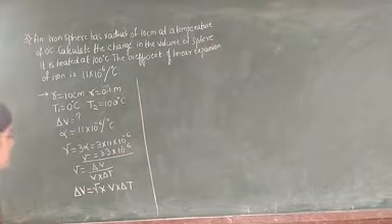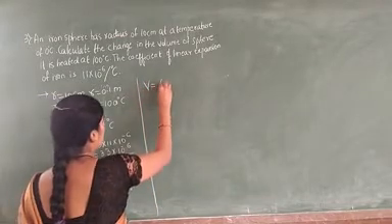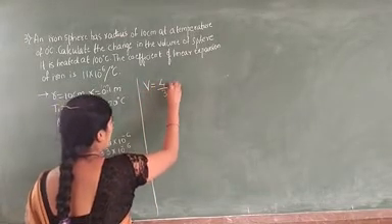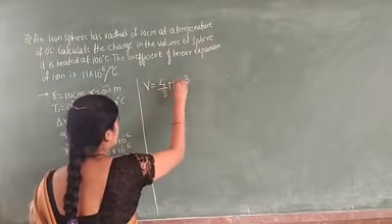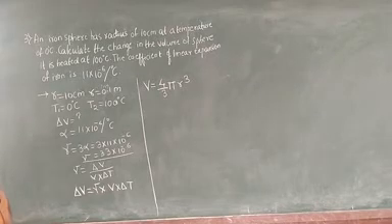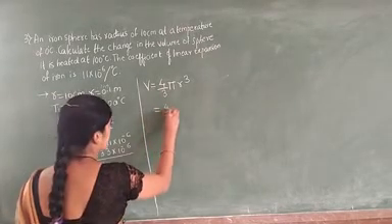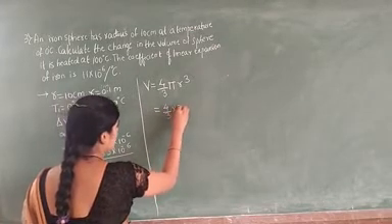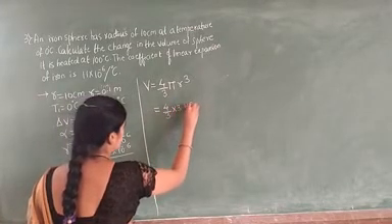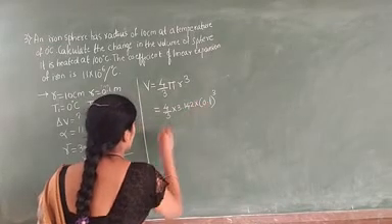Now we know that V is equal to the volume formula, 4 by 3 into pi r cube. We know the value of the radius r is equal to 0.1 meter. Now put all the values, 4 by 3 into 3.142 into 0.1 raised to cube.